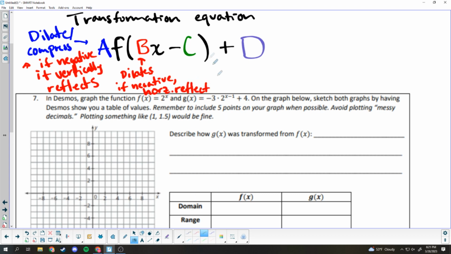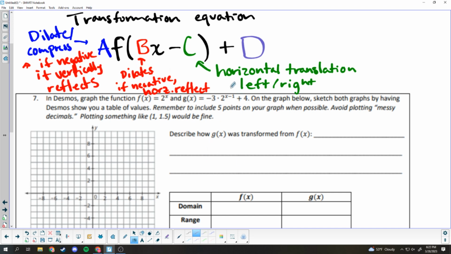Okay. C, notice that c is being subtracted. Well, this is our horizontal shift, left and right. Okay, so horizontal, the fancy word is translation. Horizontal means left to right. However, because this c is being subtracted in the equation and because it's taking away from the input, this is the one that's weird.